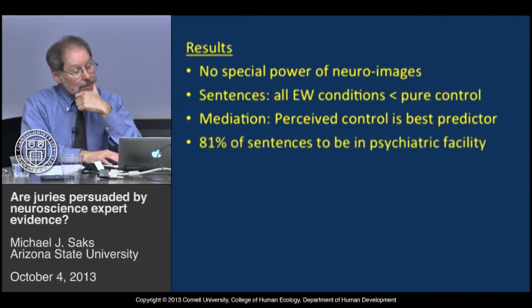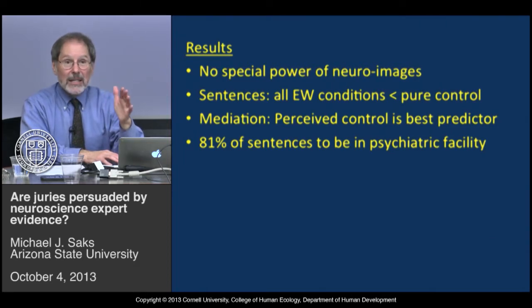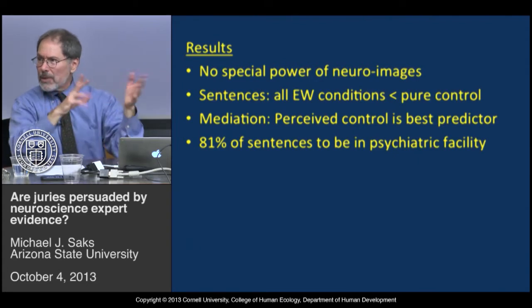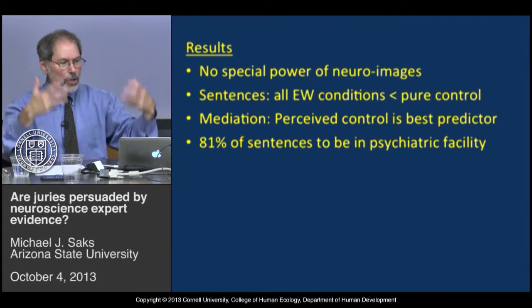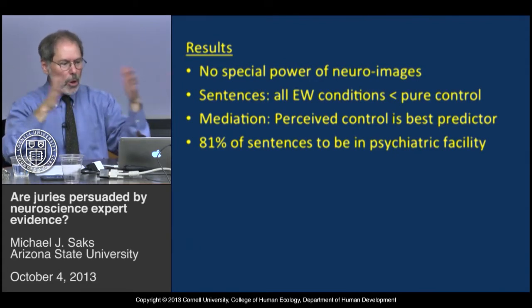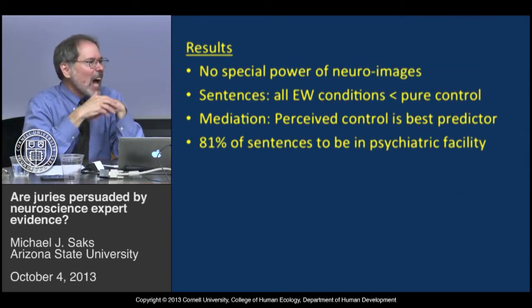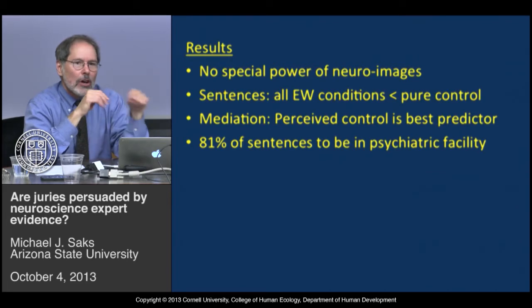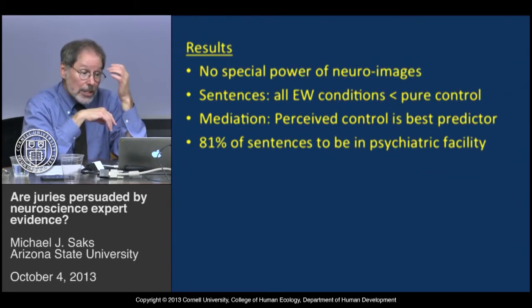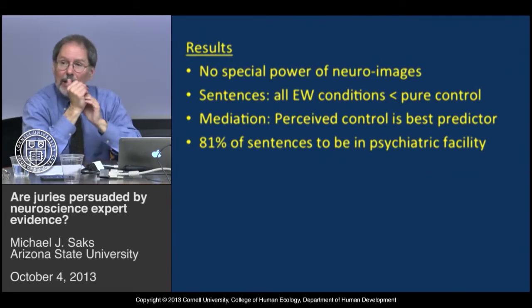And I thought, this is more of an aside than anything else. This was not affected by the neuroimage or any other, all the expert conditions produced a similar pattern. But on average, 81% of the time to be served on this sentence was to be served in a psychiatric facility.